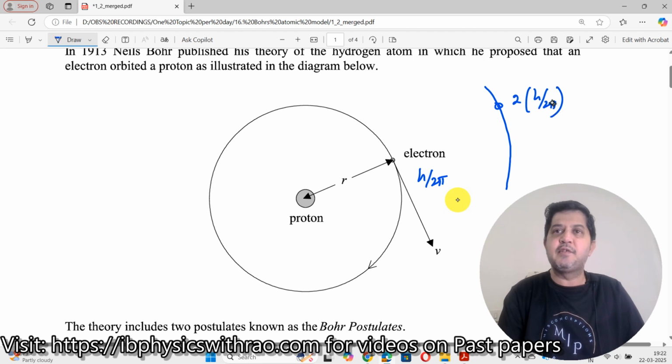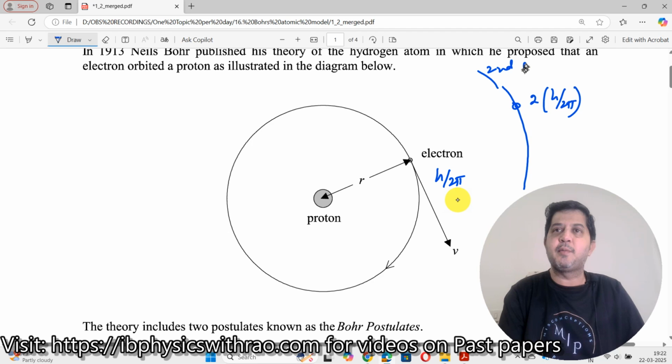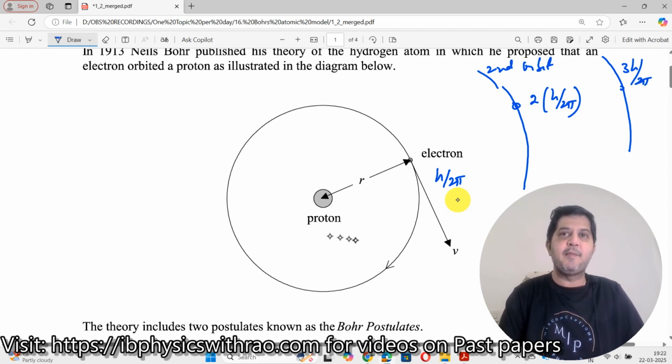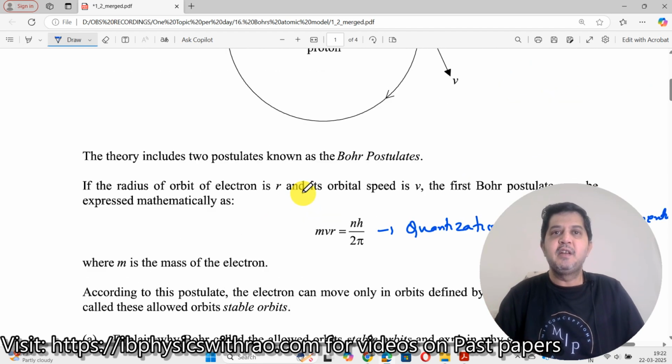Why 2 times? The reason is because this is your second orbit. If I have the third electron revolving around like this, then this will have an angular momentum equal to 3 times h by 2 pi. So this is what he proposed, that the angular momentum is always equal to a multiple of h by 2 pi. Okay, now let us move on.